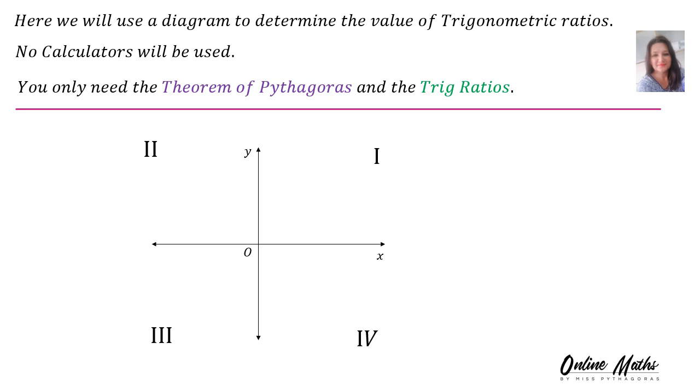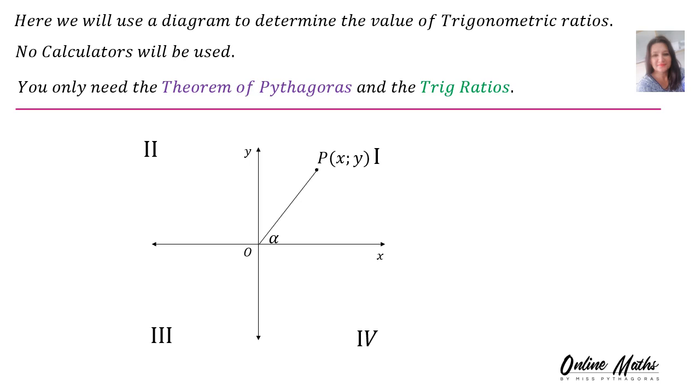Now what's given here is the Cartesian plane, the four quadrants, and O is at the origin. Then I'm giving you angle alpha in standard position. There is a ray and it ends in a point, and your point is P, and it consists of an x and a y coordinate.